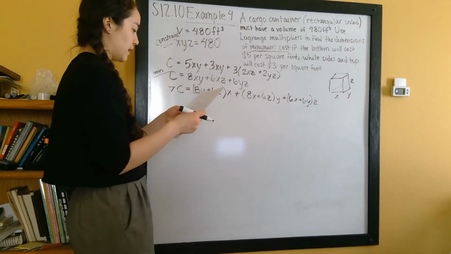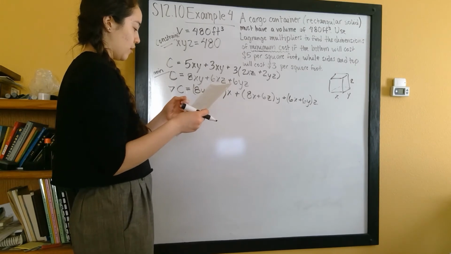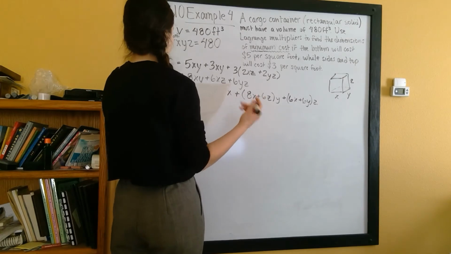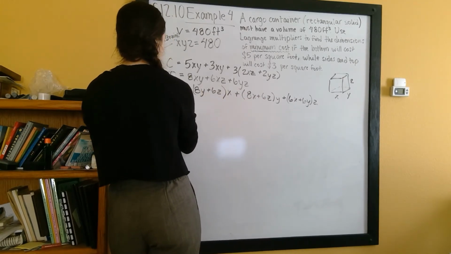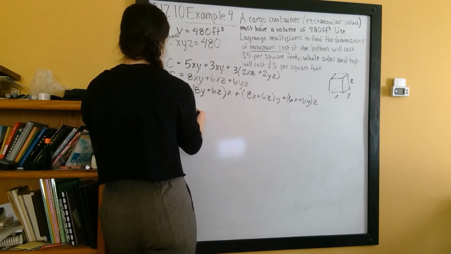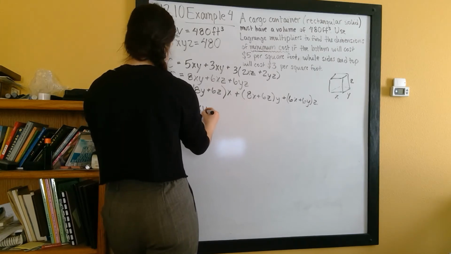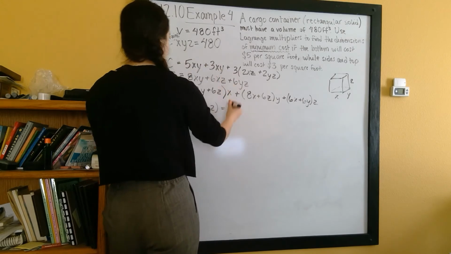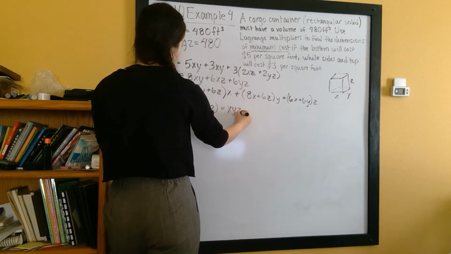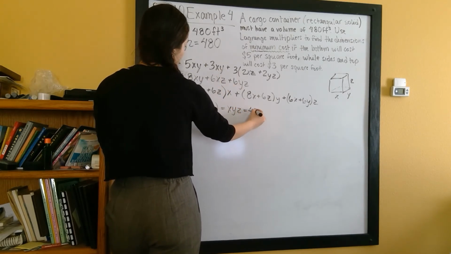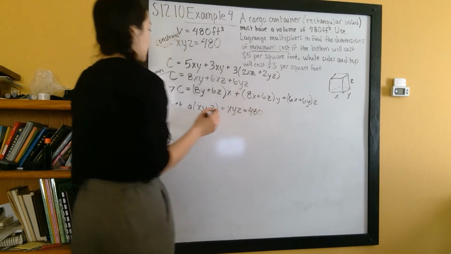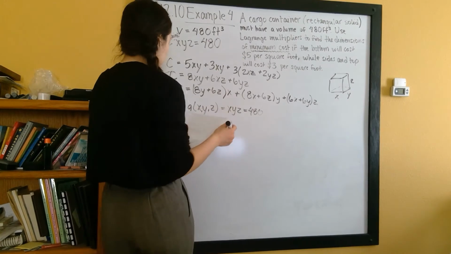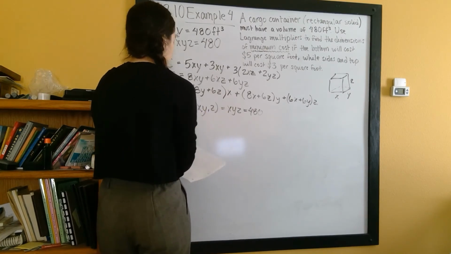Now let's go ahead and take the gradient of G, our constraint. So let's let G of x, y, z equal our constraint. Since we've defined our equation for G, we're going to take the gradient of it.